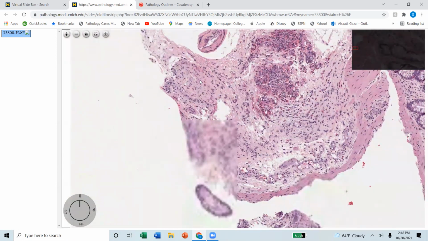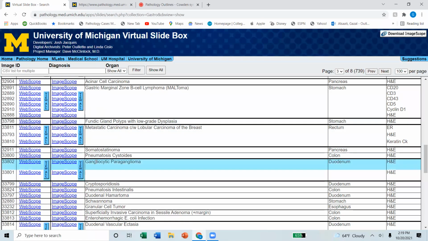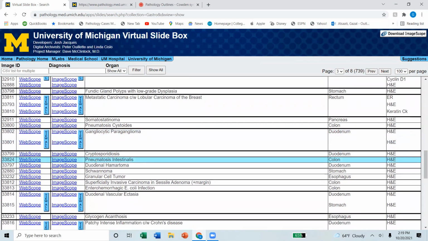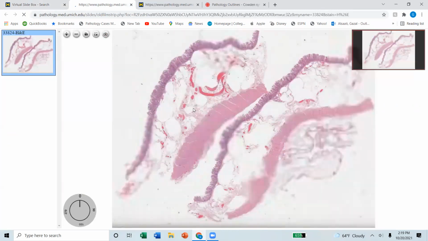I will look at it again and go back to it tomorrow, but let me show you the more classic one. Intestinal. Look at that. This one is really so beautiful. You have a lot of cystically dilated spaces.